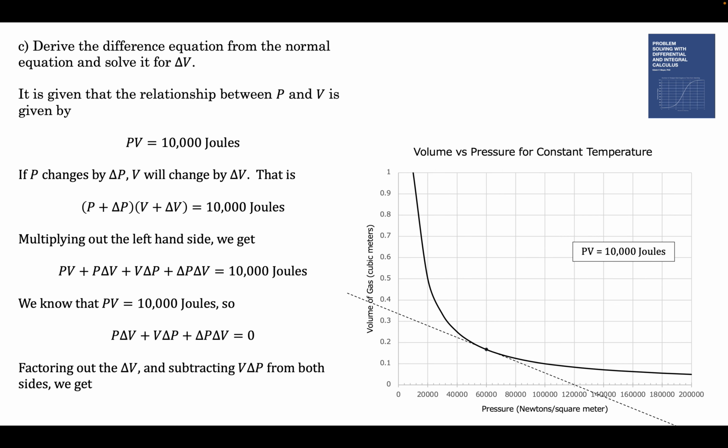We can factor out the delta V. There's a delta V in the first and third term. And we can do some algebra and solve for delta V. And there's the answer. It's not in the form that most people would like, but that's the right answer. That's the way the volume changes with pressure.